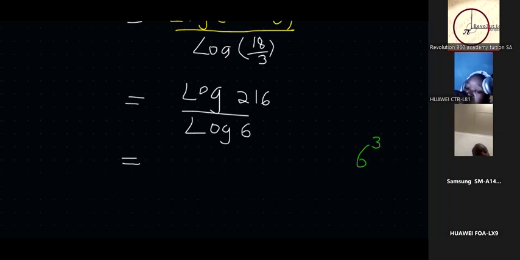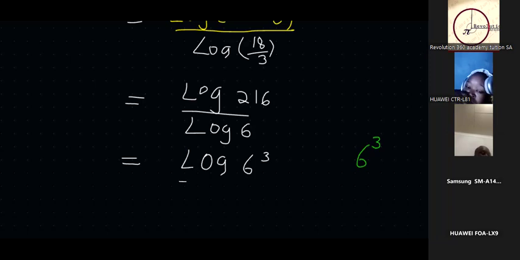Yes. Okay, 100%. So you'll say log, and then since 216 is 6 to the power of 3, you'll write 6 to the exponent of 3. And then you'd say divide by what? Divide by log 6. As easy as that.